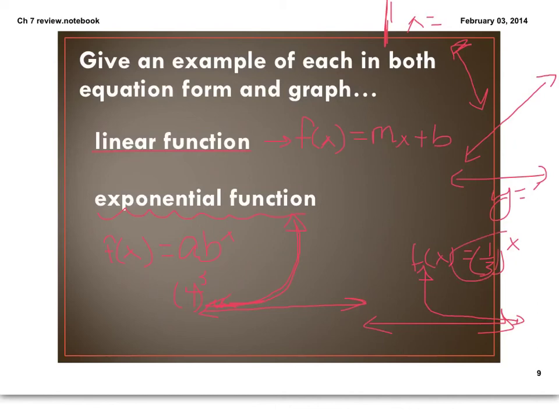We also can call this exponential growth. Here would be exponential decay. So that's what functions look like and what their graphs would look like. Linear means straight lines. Exponential means we're going to have these curves. And whether you're dealing with a whole number where we're going up or a fraction where it goes down, that's what we're taking a look at right there.